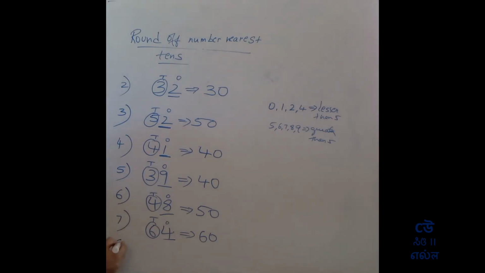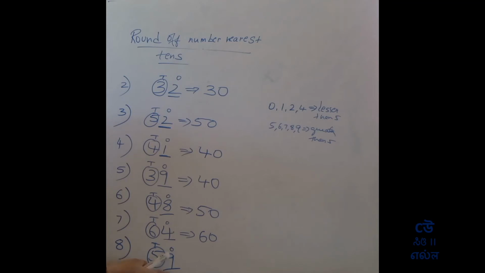Next, eighth problem. The eighth problem is 59. So we have tens place and ones place. Next, we have to circle the tens place value and consider the ones place value. So in the ones place we have 9.